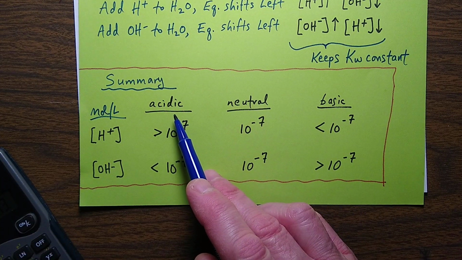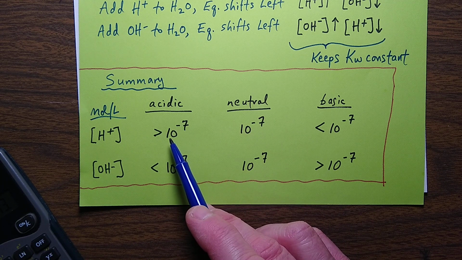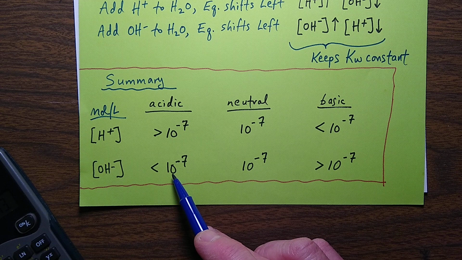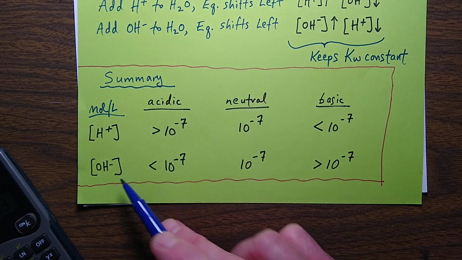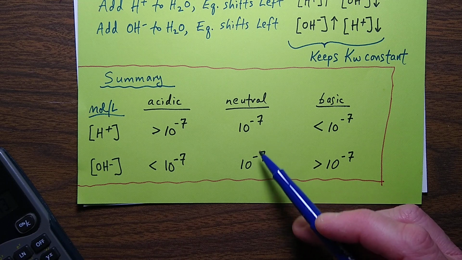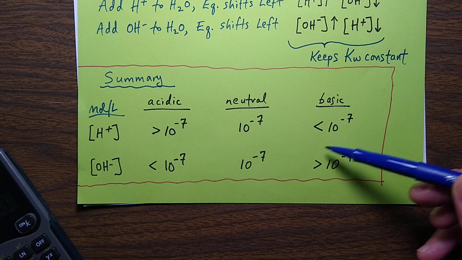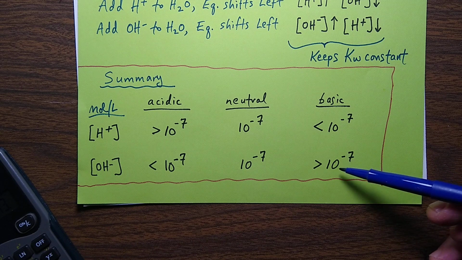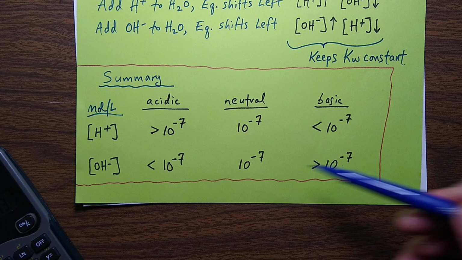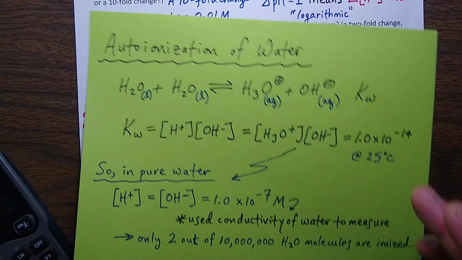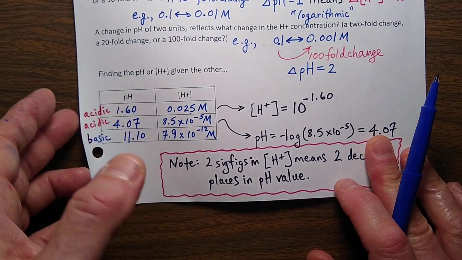If you're an acidic solution, less than pH 7, the protons will outnumber the hydroxide concentration. They'll be larger. Neutral water, they're exactly equal. And in a basic solution above pH 7, the hydroxide ion concentration will be larger than the proton concentration, but they always will multiply to give you that number. That is the key to the whole thing.